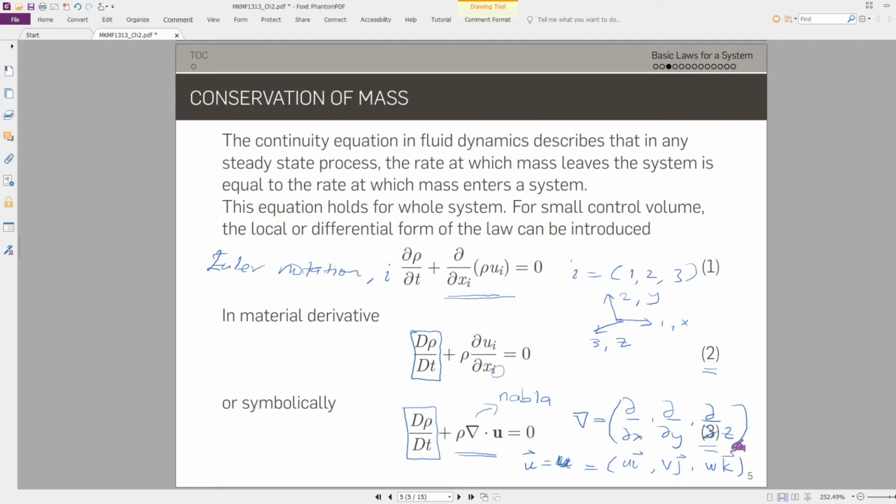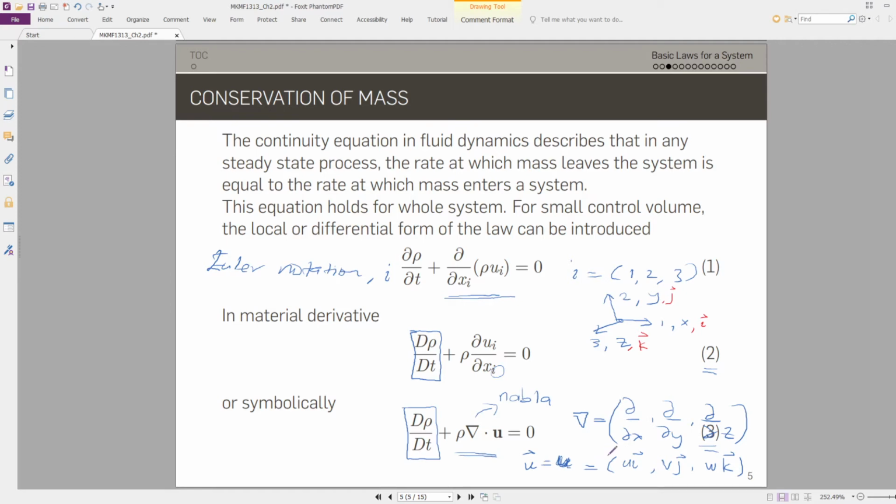So i, j, and k actually refer to the directions of our flows: i in the x direction, j in the y direction, and k in the z direction.